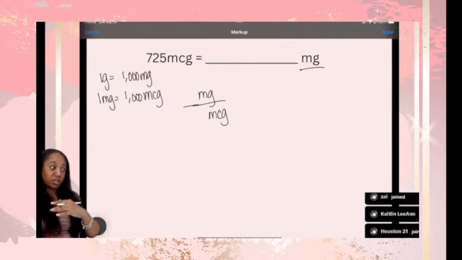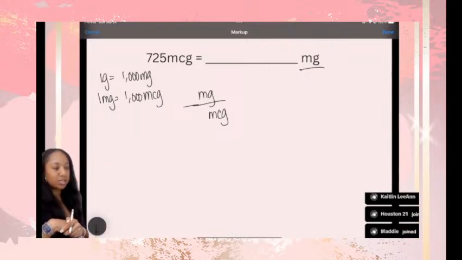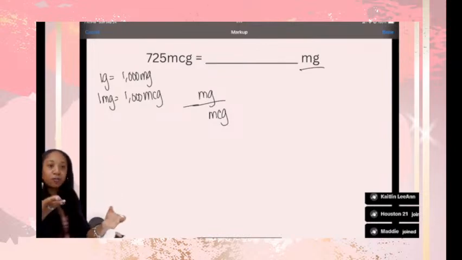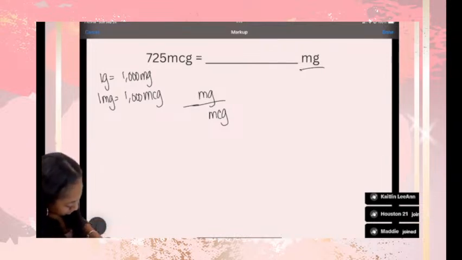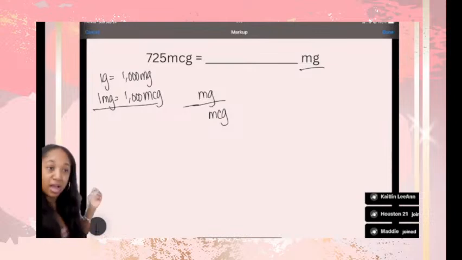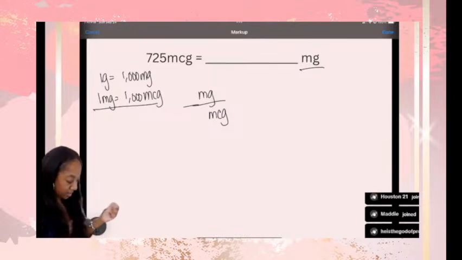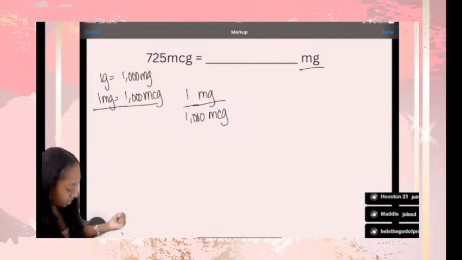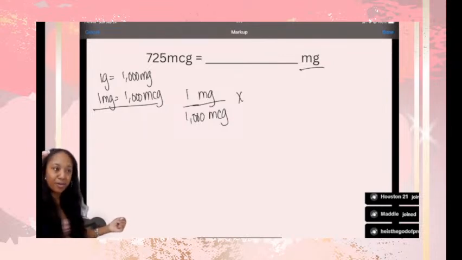What is on the top has to cross out with what's on the bottom. That's just the game of dimensional analysis. You have to cross out every unit that you're not looking for so that you're left with what it is that you're trying to solve, okay? So going over here, I see my metric conversion, so I know I need to put 1 milligram, because that's your milligram right there, according to our metric conversions, and 1,000 micrograms. Now that we have micrograms on the bottom, we need to put micrograms on the top.